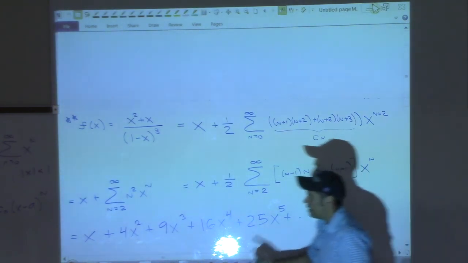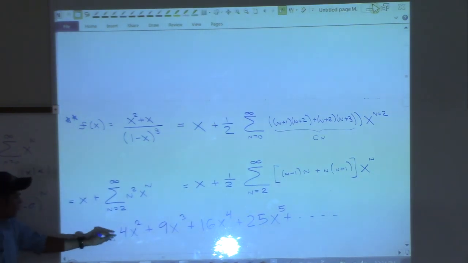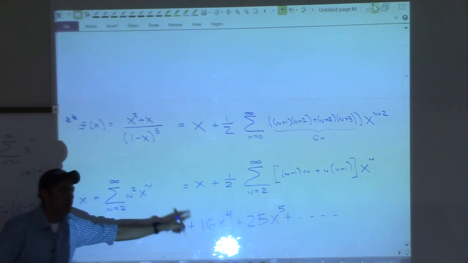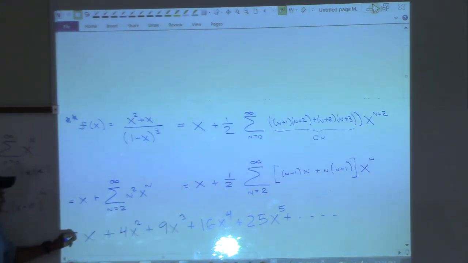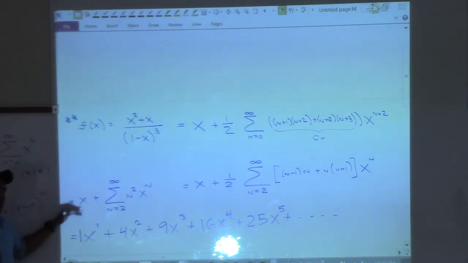But notice that this one right here follows the pattern. This is 2 squared, 2, 3 squared, 3, 4 squared, 4. This is 1 squared, 1, isn't it? And it just so happens that I can actually account for this x within this formula by starting it at 1 instead and getting rid of this. Can you start at 0 as well? 0 squared?